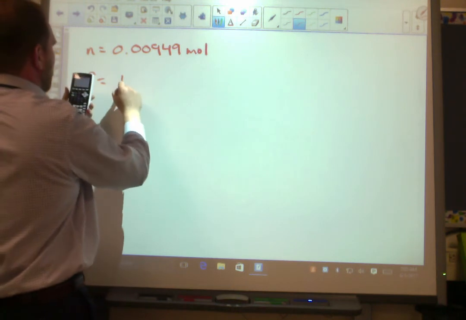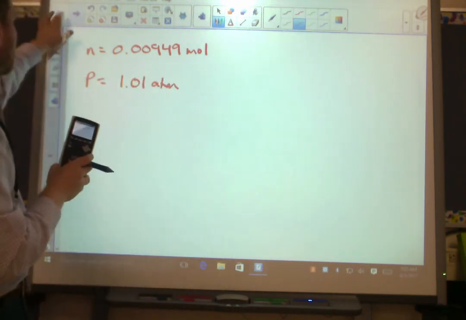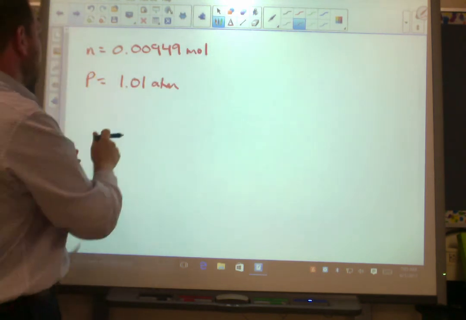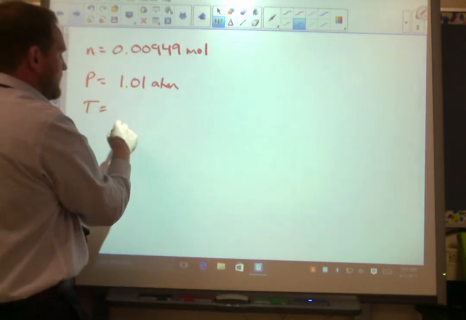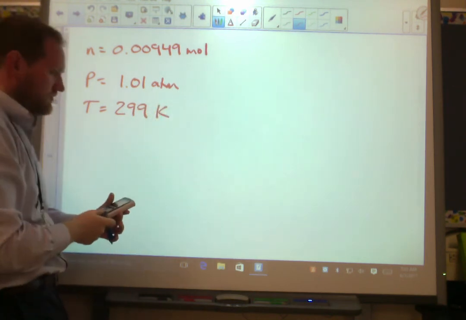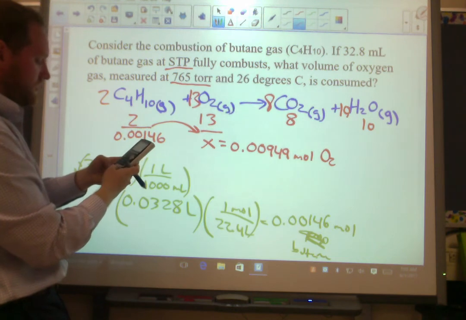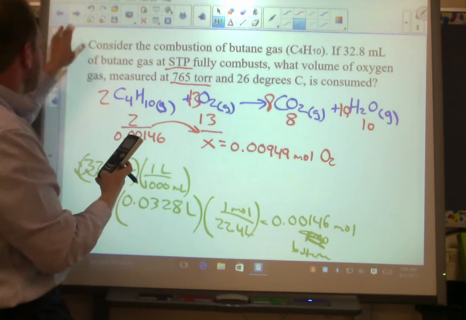I'm going to go with 1.01 ATM. And my temperature is 26 degrees Celsius. I can't use 26, so I'm going to say 299 Kelvin. 273, double check. 26 plus 273, yes.